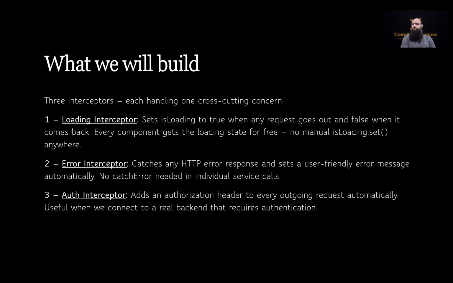It is going to add an authentication header to every outgoing request automatically. At this point we do not have a real backend server or a proper authentication mechanism, but once we have a real backend, we will require this type of authentication. So we are going to add an auth interceptor as well.